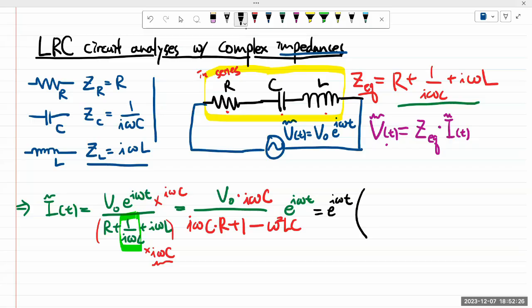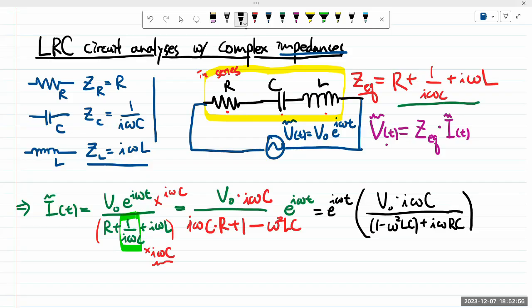So we have V naught times i omega C divided by, let me write the real part first. So I think this combined is the real part: 1 minus omega squared LC plus i omega RC.